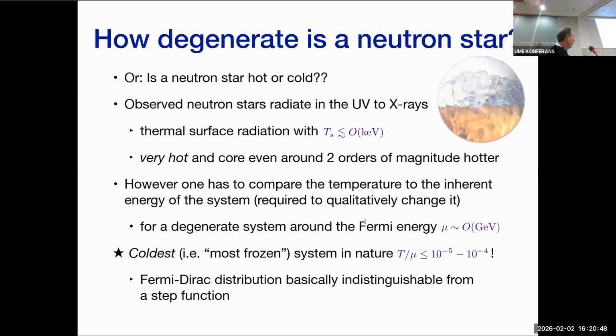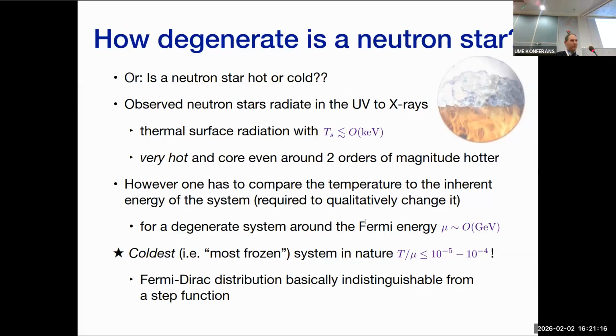This is one of the coldest systems we have in nature, because this ratio T over mu is 10 to the minus 5, 10 to the minus 4 at most, probably even smaller for most sources. And that means this is as degenerate as it gets. So if you saw the smeared out formulas, that's what you get if you really zoom in. I mean, this is as good a step function as it gets, right?